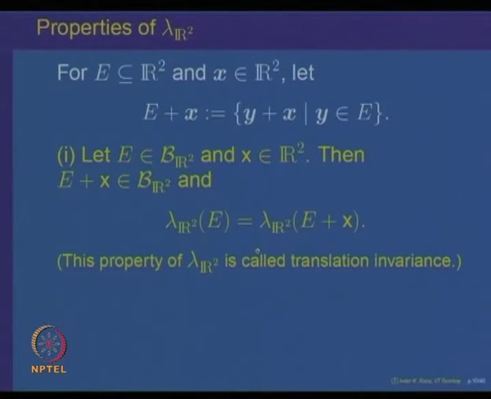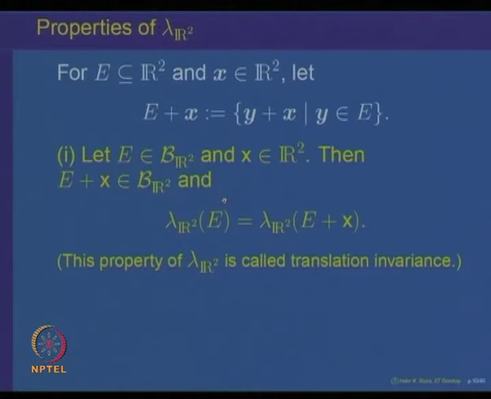The first claim is that if E is a Borel set and the point x belongs to R 2, then E plus x also is a Borel set, and the Lebesgue measure of the set E is the same as the Lebesgue measure of the set E plus x. That means the Lebesgue measure is translation invariant on the class of all Borel subsets of R 2. The proofs of these facts are standard applications of the techniques that we have been using, namely the sigma algebra and monotone class theorems.